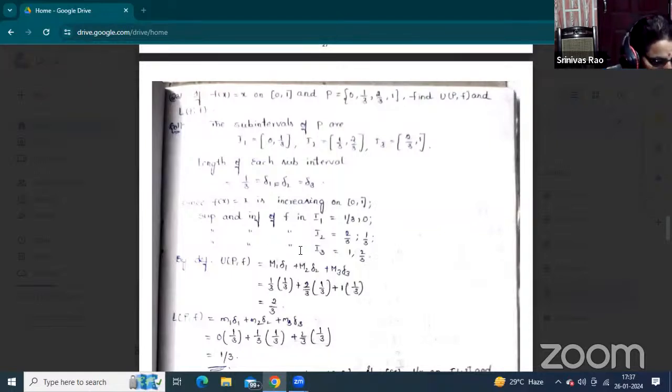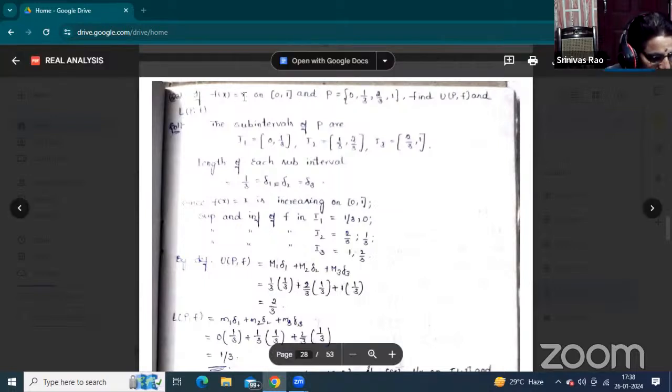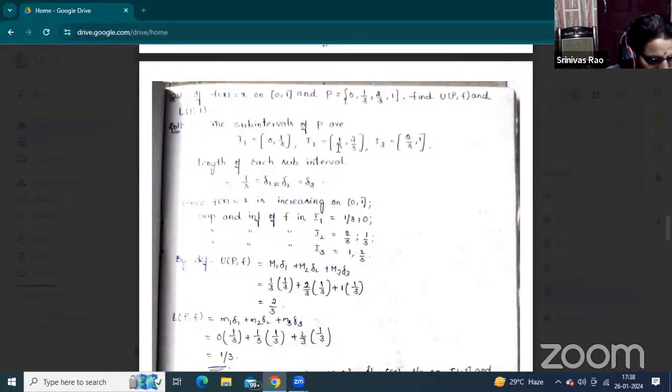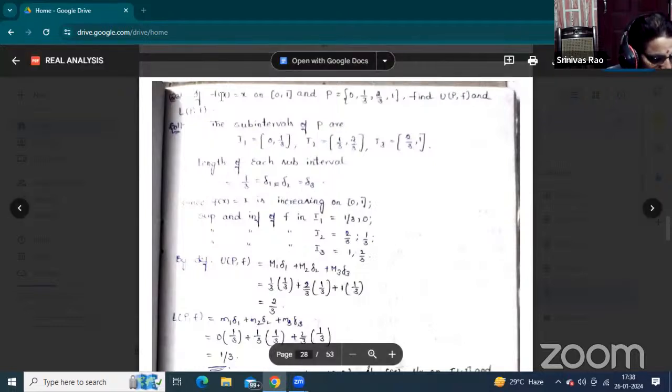The supremum is denoted by capital M and the infimum is denoted by small m. For the second subinterval, the upper value is 2/3, so f of 2/3 equal to 2/3, that is capital M2. The lower value is 1/3, so f of 1/3 equal to 1/3, that is small m2.